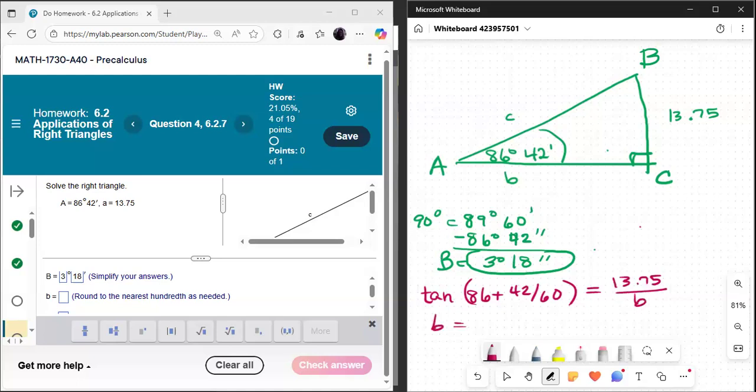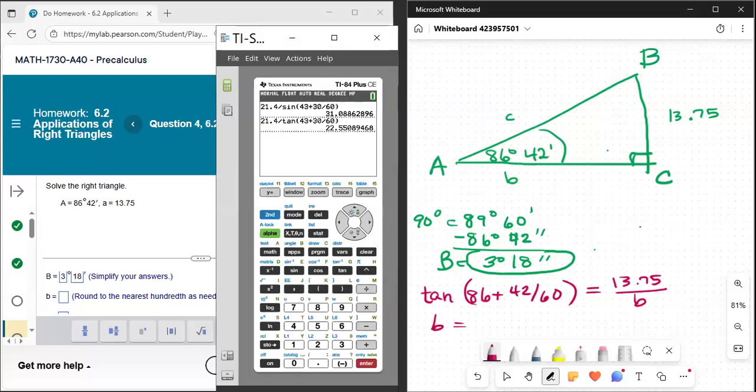So b is 13.75 divided by the tangent of 86 plus 42 over 60. And we have 0.7928. Round to the nearest hundredth, it's 0.79.